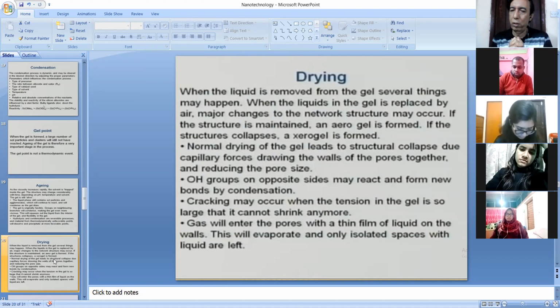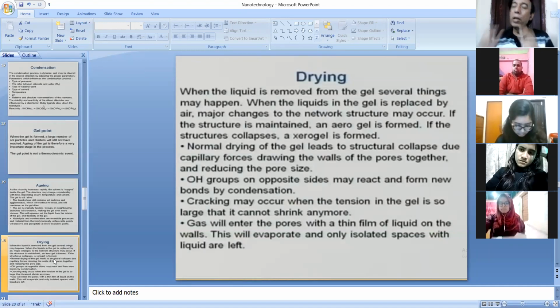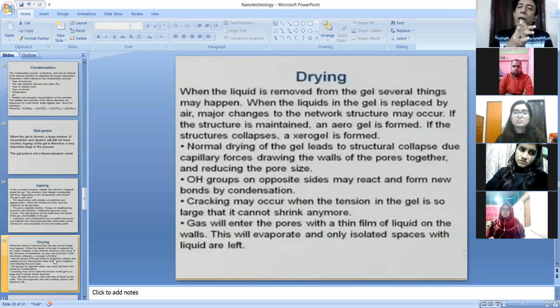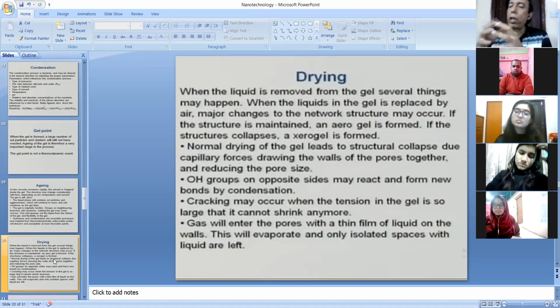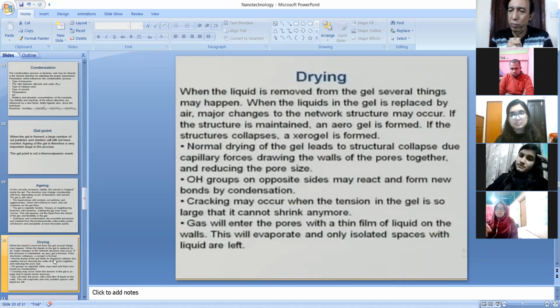So there are two types of gel: one is xerogel, and one is aerogel. Obviously, the xerogel will be more condensed because there is no air inside it, and the aerogel will be a porous, flappy substance.